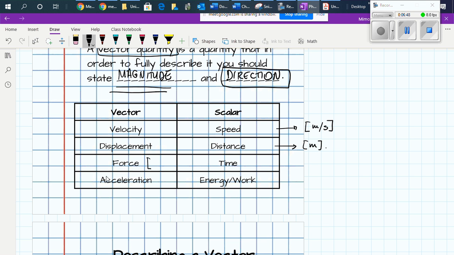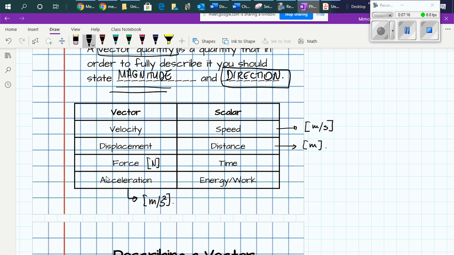Force doesn't have a corresponding quantity on the scalar column. And the units for force are newtons. Acceleration is another vector quantity, and the units for acceleration are meters per second squared.